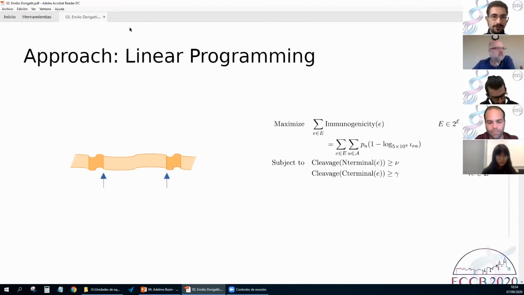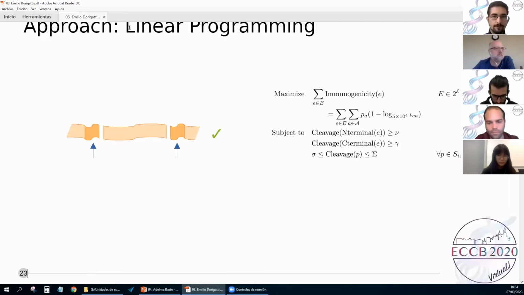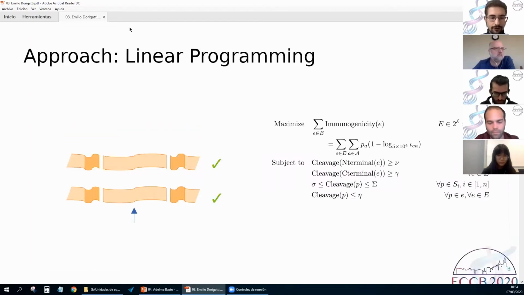And we want the cleavage at the terminals of the epitopes to be very high so that the proteasome, when it digests the vaccine, will separate the epitope from the rest of the vaccine. We also add a technical constraint bounding the cleavage score inside the spacers. Then we have a constraint that upper bounds the cleavage score inside the epitope itself, because we do not want the epitope to be cleaved in the middle, but we want it to be preserved. And if it's cleaved, then the vaccine is not effective.